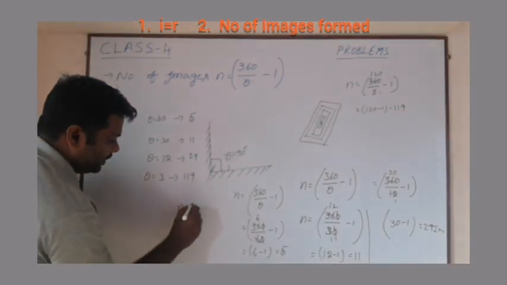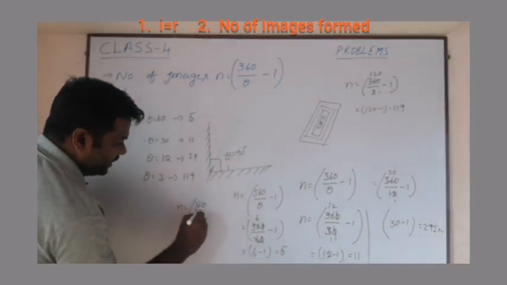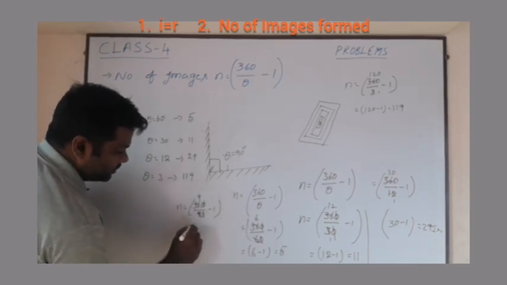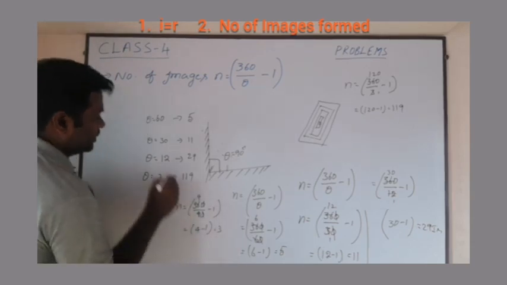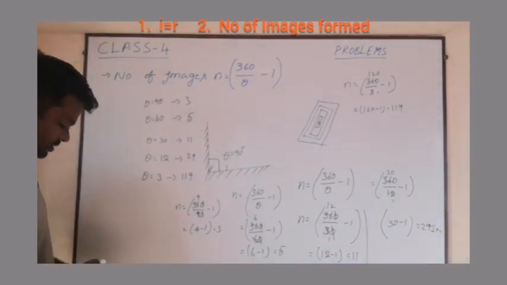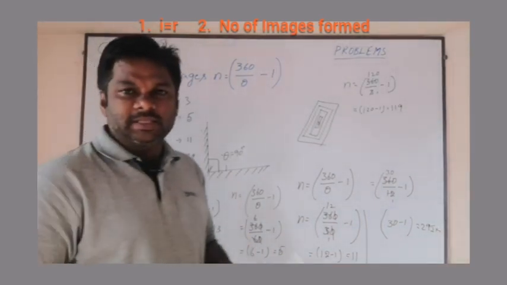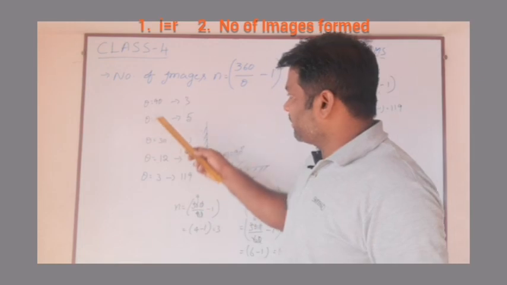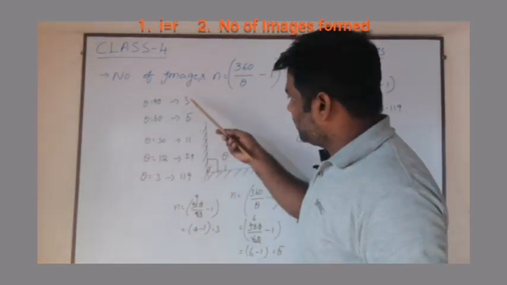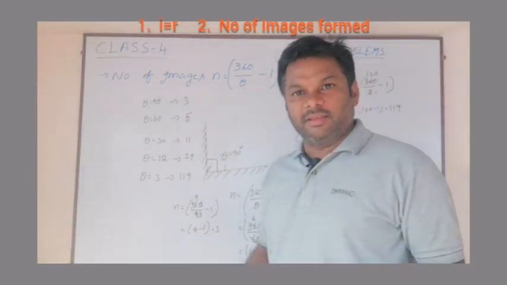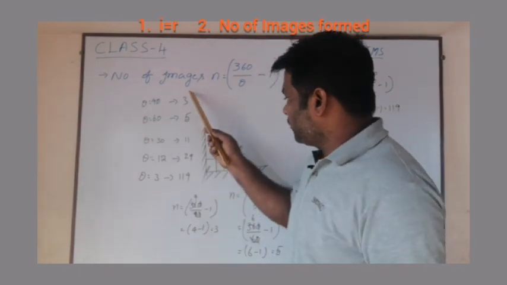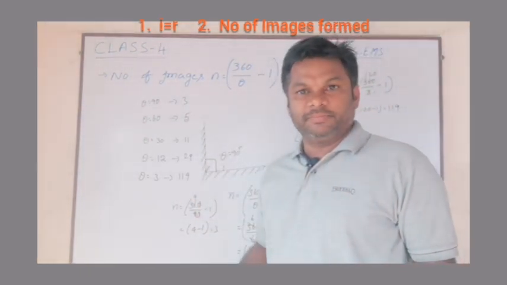N is equal to 360 degrees by 90 minus 1. 4 minus 1 is equal to 3. So when theta is equal to 90 degrees, the number of images is 3. So from this calculation itself, you can say as the angle between two mirrors decreases, the number of images increases.